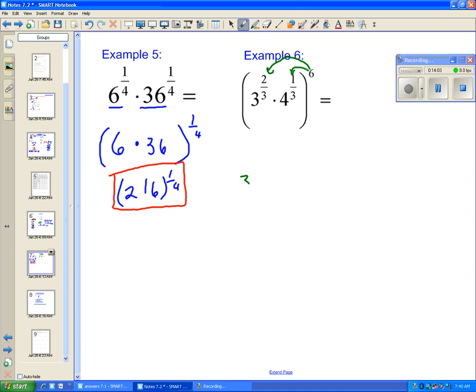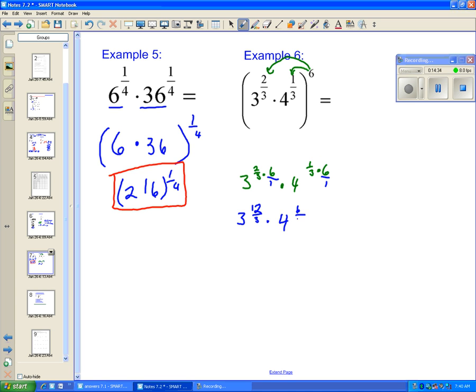And so I get 3 to the 2/3 times 6 power times 4 to the 1/3 times 6 power. 2/3 times 6, remember, I can always think of that as 6 over 1. So this is 3 to the 2 times 6 is 12/3 times 4. Again, I can think of this as 6 over 1. 1 times 6 is 6.